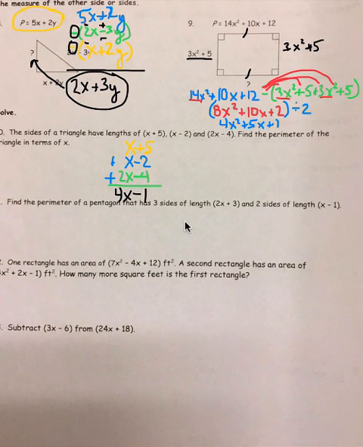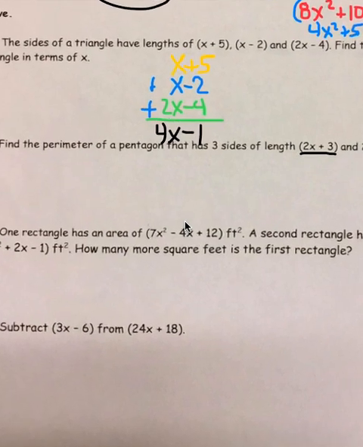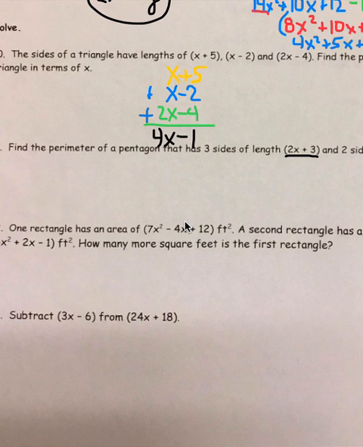Alright, number 11. Find the perimeter of a pentagon that has 3 sides of length 2x plus 3 and 2 sides of length x minus 1. So I had a number of students in class solve that this way. They said, oh, I have 3 sides that are 2x plus 3.